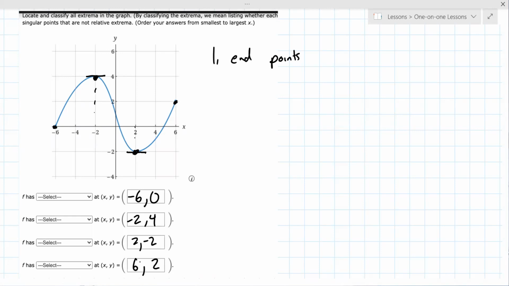Great. Let's look at this point over here on the left. This point relative to something nearby it is smaller than another point. Now, the next question you ask is, is it the smallest of everything? And the answer is no, because there's a smaller value here, but relative to everything around it, it's a relative min.